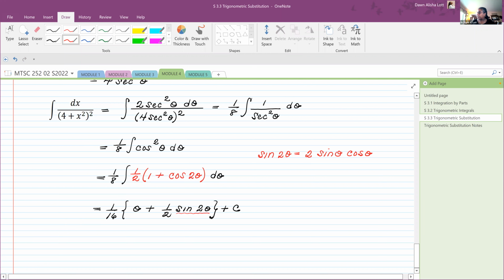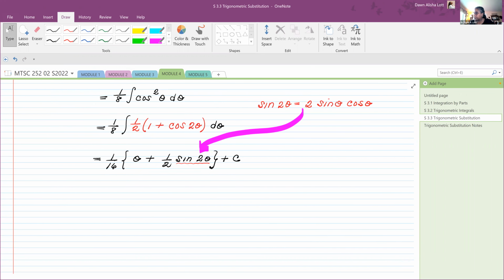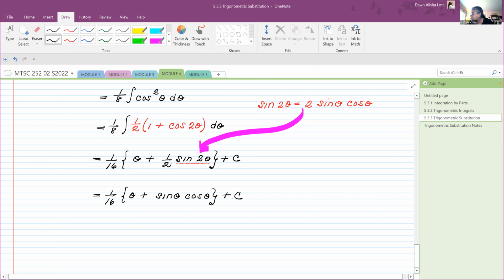So that has to pop in there. So when we put that in there, we end up with 1 over 16 theta plus the 2 and the 1/2 are going to divide out, and I'm going to get the sine of theta times the cosine of theta plus a constant.